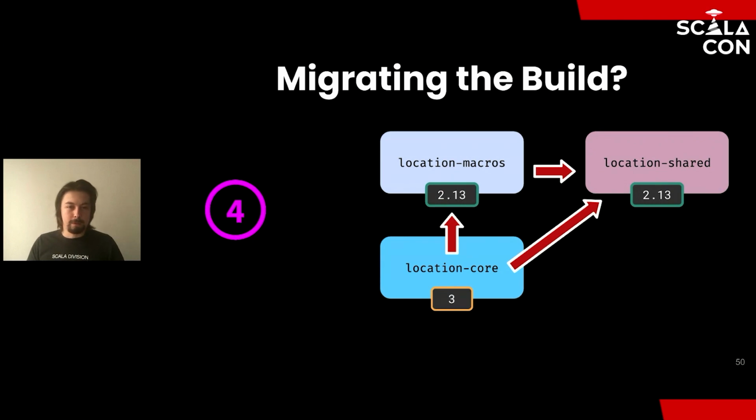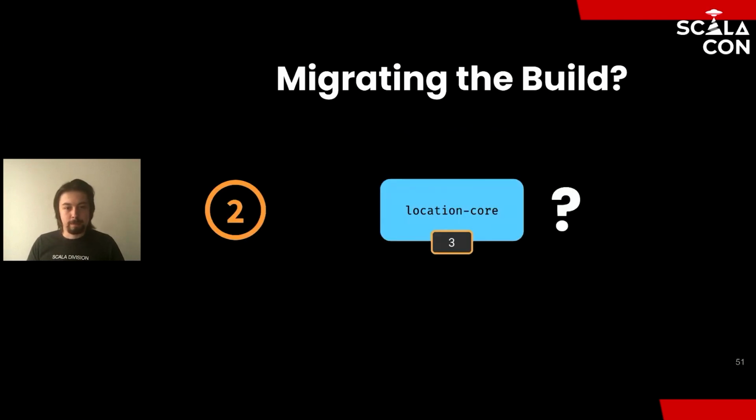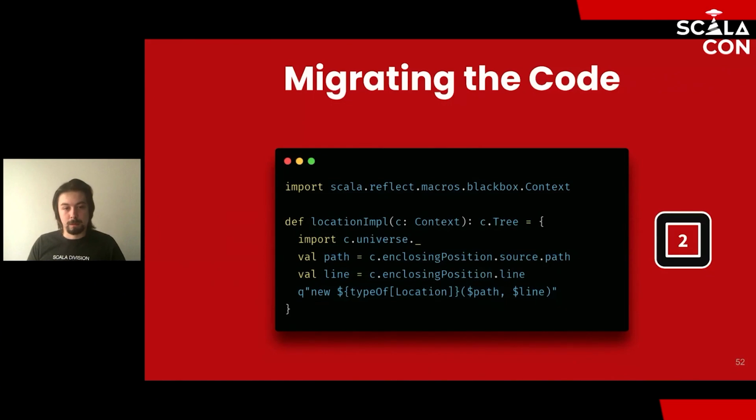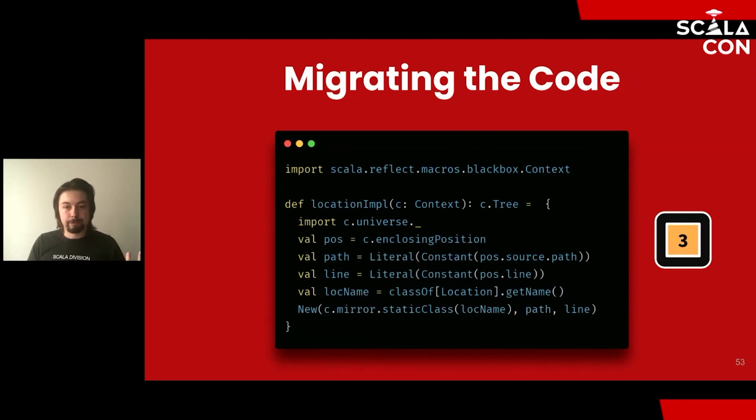But what we really want is to go from one step immediately to just compiling location core with Scala 3. So how do we do that? Well, what we can do is, instead of having a separate library just to compile this one macro implementation, we can just port it to Scala 3 so it can compile with Scala 3.